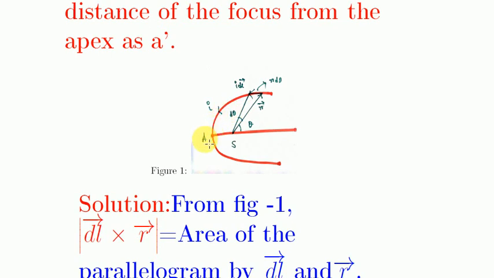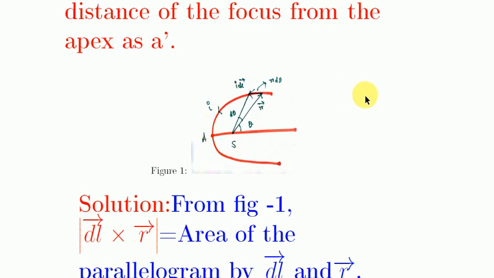When the position vector coincides with this portion, theta has increased from 0 to pi, that is 0 to 180 degrees, and if it rotates again and coincides with this line, then the limit will be 0 to 2 pi, that is 0 to 360 degrees. This is the limit of theta, and it covers the whole infinite parabola.